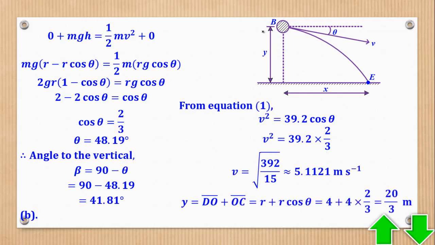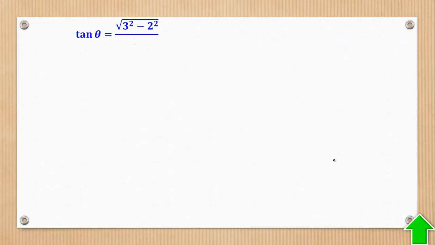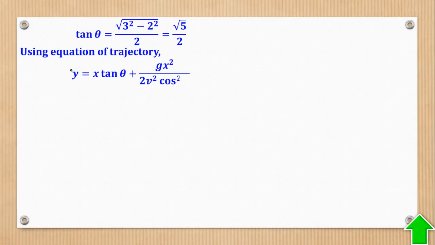Then y from the diagram will be DO plus OC, which is R plus R cos theta. So now I know y, I know v, and I know tan theta is that. Using the equation of trajectory, I'll come up with this.